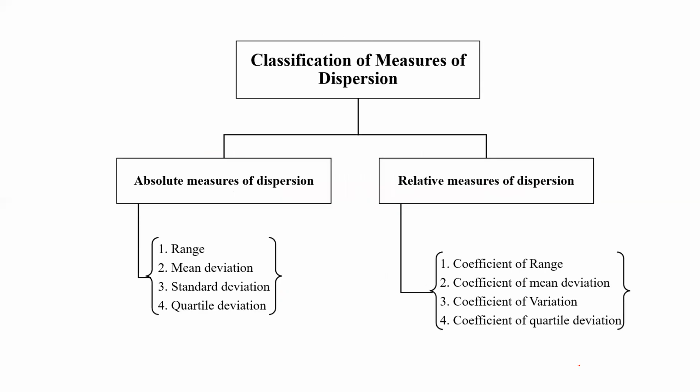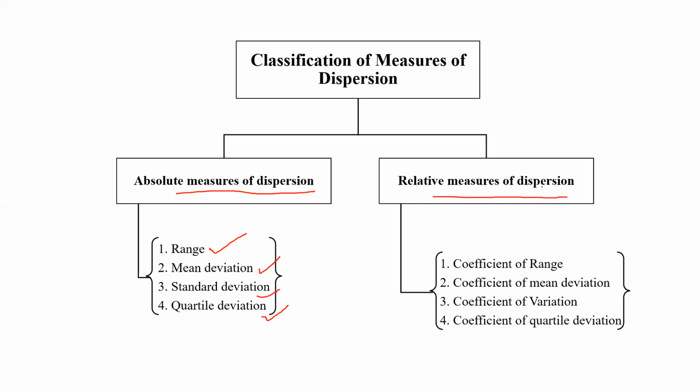Now some classifications of measures of dispersion we need to understand. Measures of dispersion are basically divided into two parts: absolute measures of dispersion and relative measures of dispersion. In absolute measures of dispersion, there are various types: the first is range, the second is mean deviation, the third is standard deviation, and the fourth is quartile deviation.